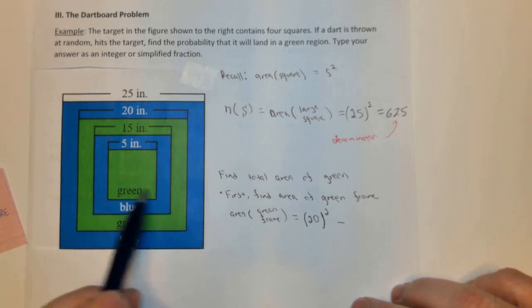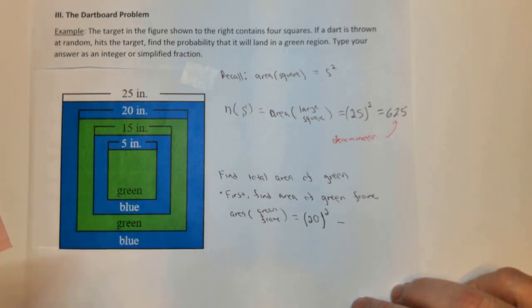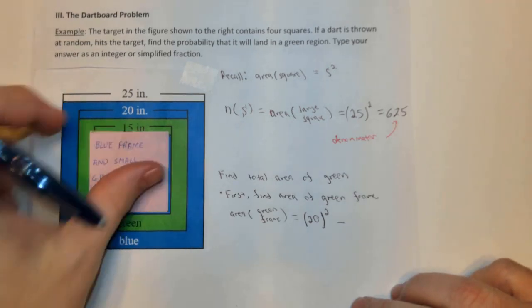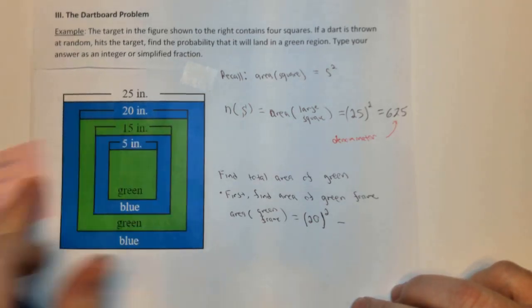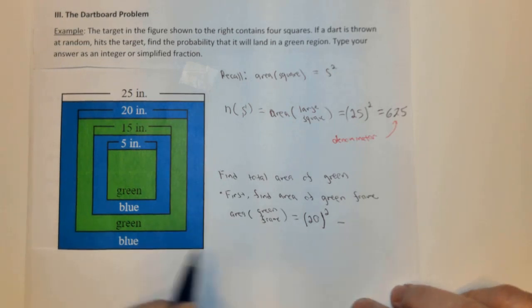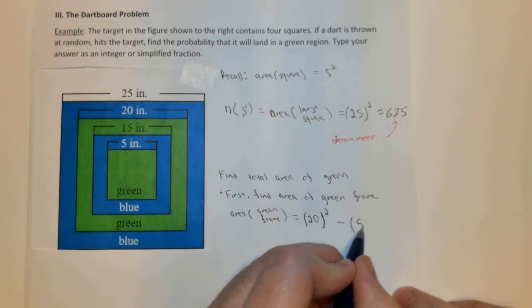Now this blue square has the green square inside, that doesn't matter, but I do have to subtract off this blue square. Okay, so that's 5 squared.